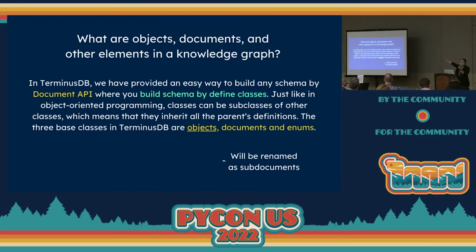So it's kind of like Python, where everything is an object. So you also need to have objects in your graph. Just like Python objects, they also have properties. Another object can be their property. So you can build anything with it.